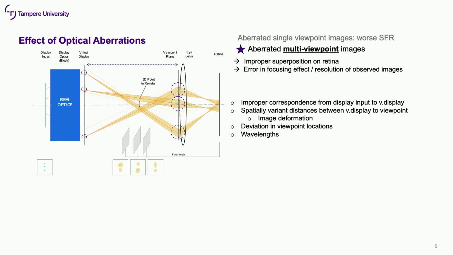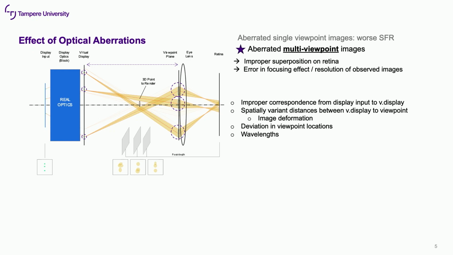Due to aberrations, the correspondence from the display input to the virtual display plane changes. The distance between the virtual display and the viewpoint plane might vary across the field because the virtual display plane might not be a flat plane anymore, but rather a curved surface.